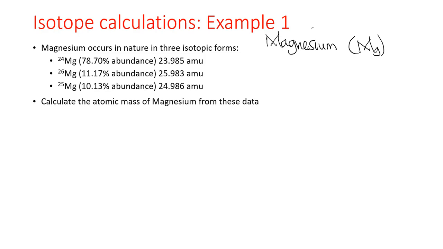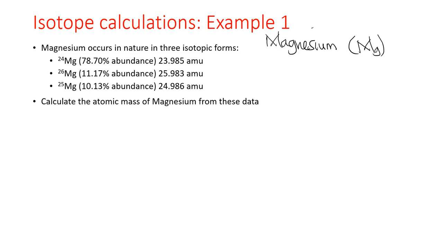It is found in 78.7% of the Earth. Magnesium 26 is 11% of the Earth. Magnesium 25 is 10% abundance on Earth.